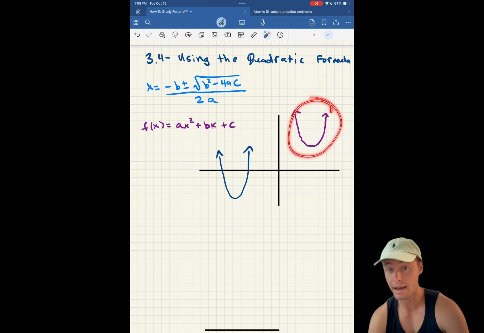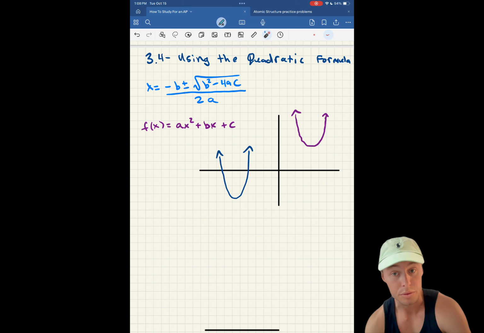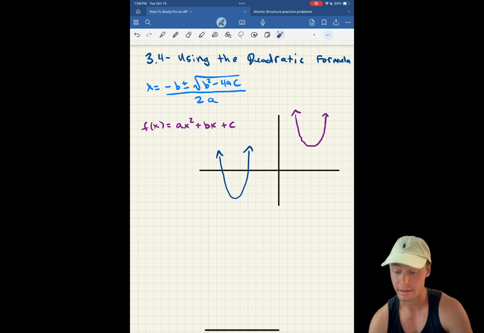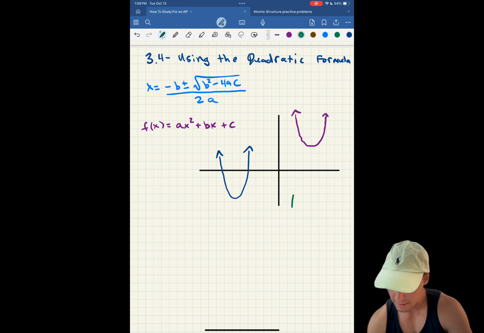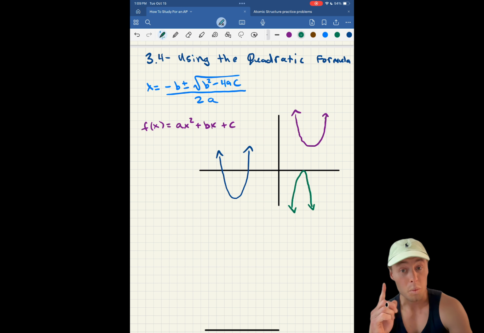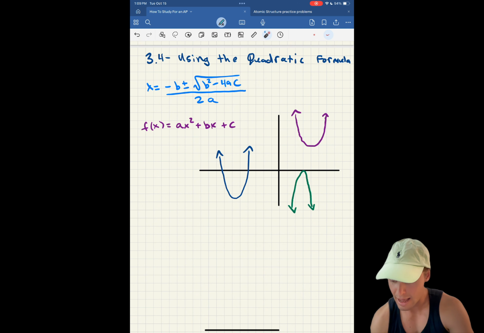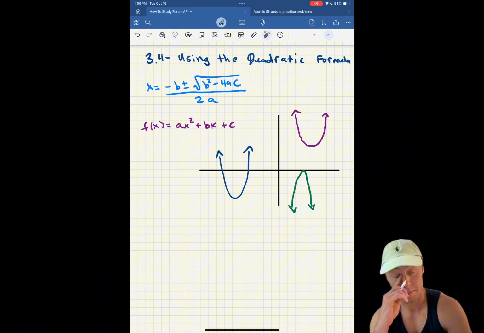So there are no x-intercepts, there are no real roots on that quadratic function. And there's a third scenario that's possible, and that is when you have something that looks like this, where there's only one x-intercept, and that x-intercept also happens to be the vertex of that parabola.